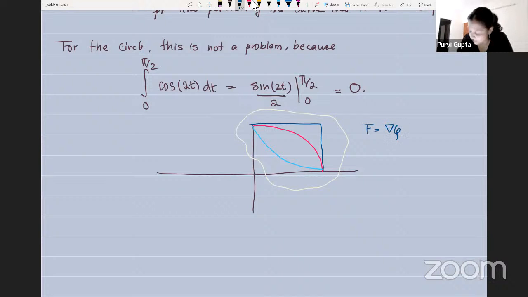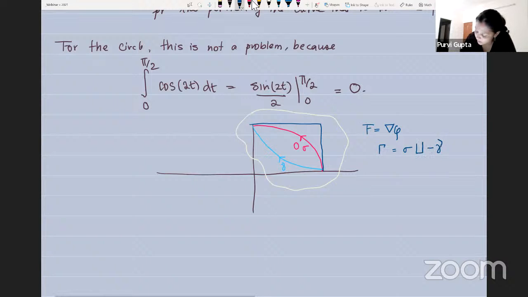And if I were able to write my capital F as the gradient of phi, let's for the moment assume that's possible, then what I could do is, remember I already know that the integral along the circle is 0. That's great. And I want to now know the integral along the asteroid. So I want to know the integral along this curve. So let me call this curve gamma, and let me call the pink curve circle, sigma. And then I can construct this new curve, capital Gamma, which is what? It is sigma, and then I take gamma, but in the opposite direction.